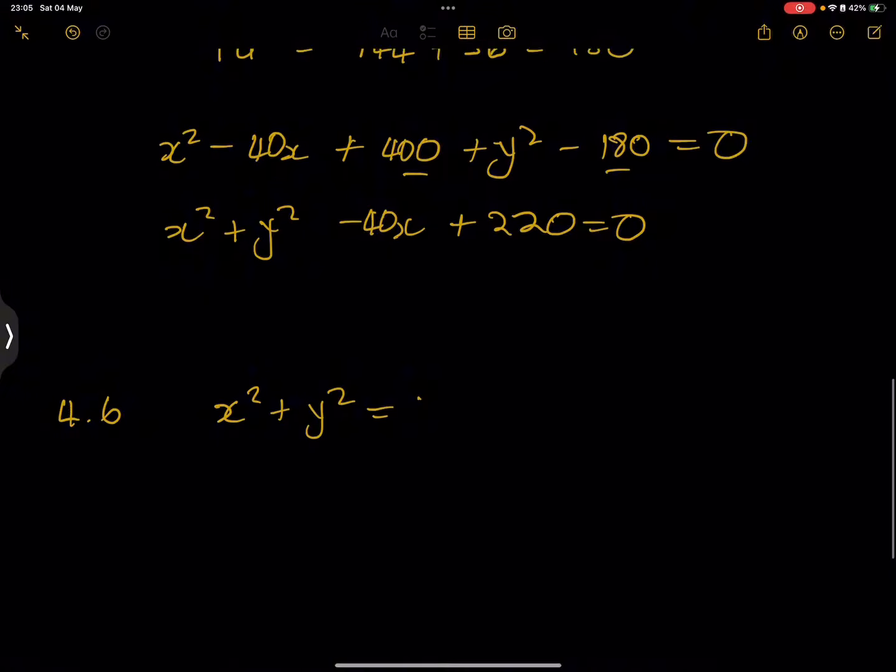At the x-intercept, y is equal to 0, which means x squared is equal to 20, and so x would be equal to plus minus the square root of 20. I'm going to leave it in that format. So that's the x-intercept.